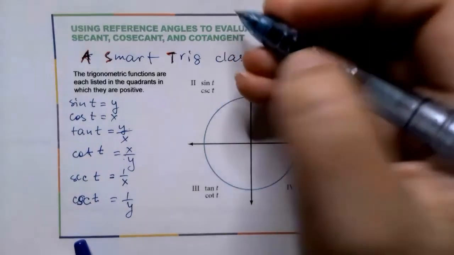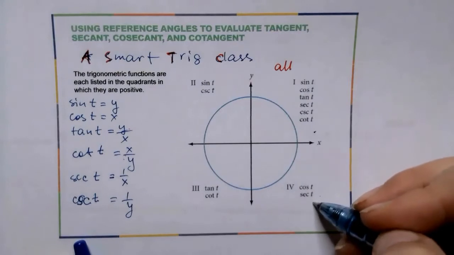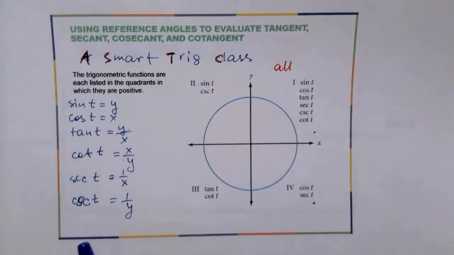And then the C stands for cosine, and secant is a reciprocal of cosine. So that's one way to remember which trig functions are positive in each quadrant.